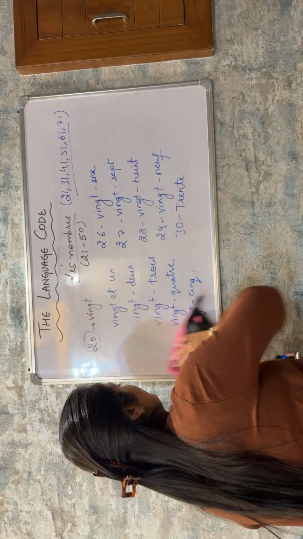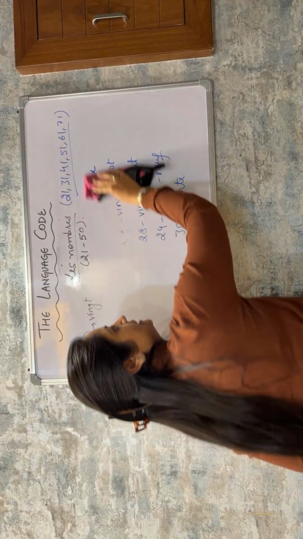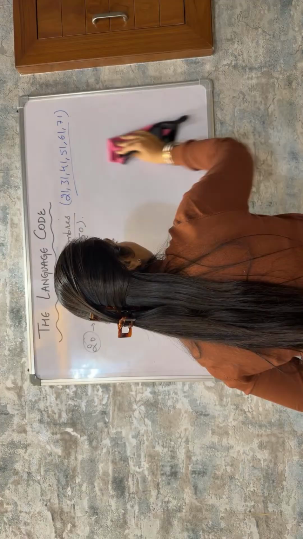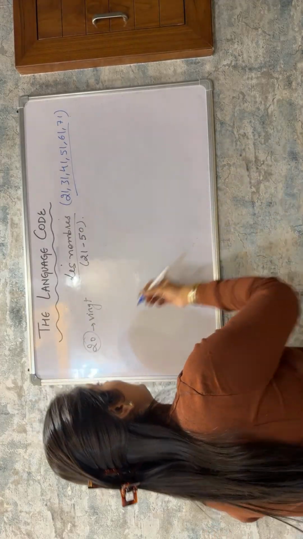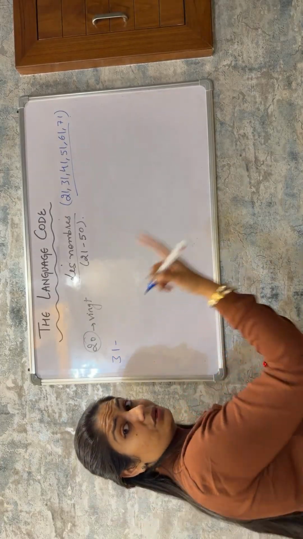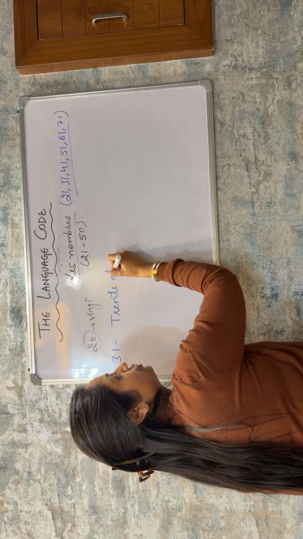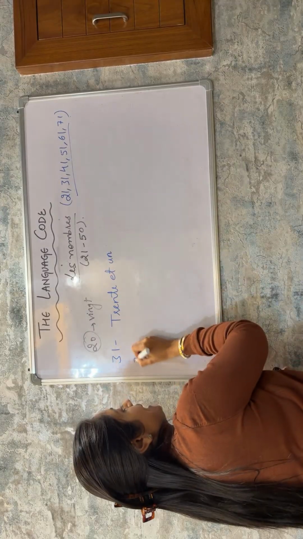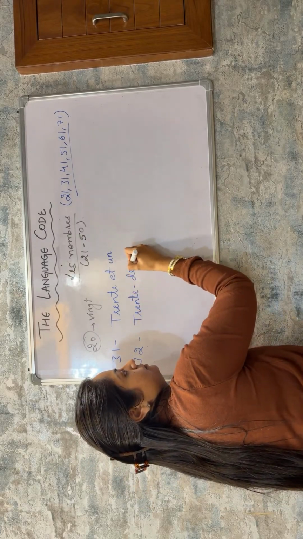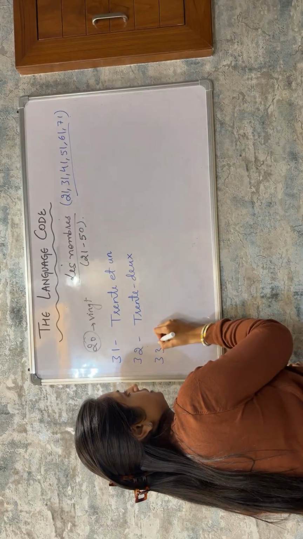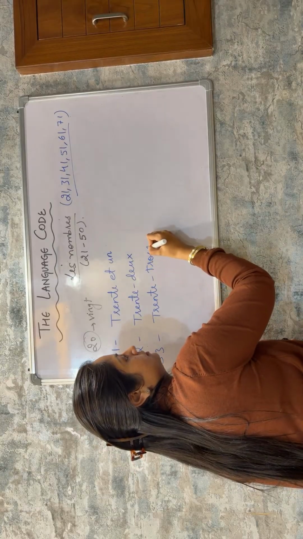Okay, now let's go on to 31 to 40. If 30 was trente, so 31 will become trente et un, 32, 33, 34.